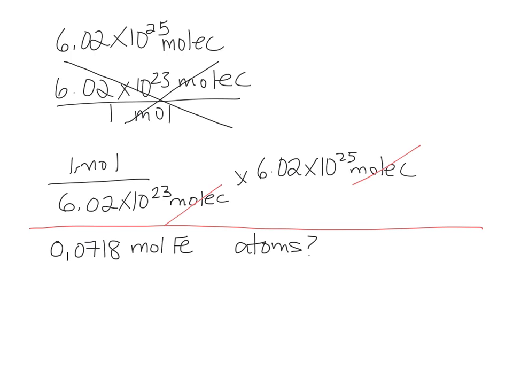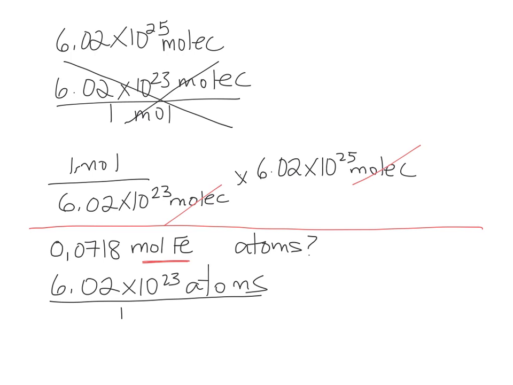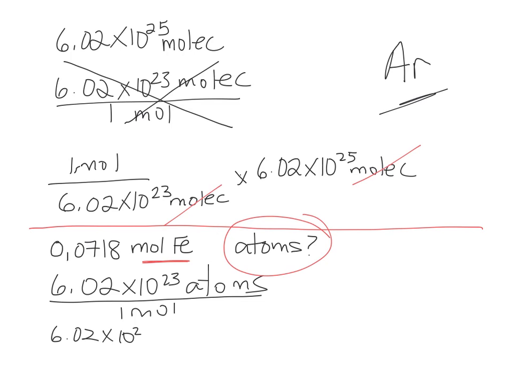So we've got iron. It's an element. So Avogadro's number is already in atoms. Is it already on the top or is it on the bottom? It's on the top, so all we need to do is leave it alone. So we're going to have 6.02 times 10 to the 23rd atoms over 1 mole.